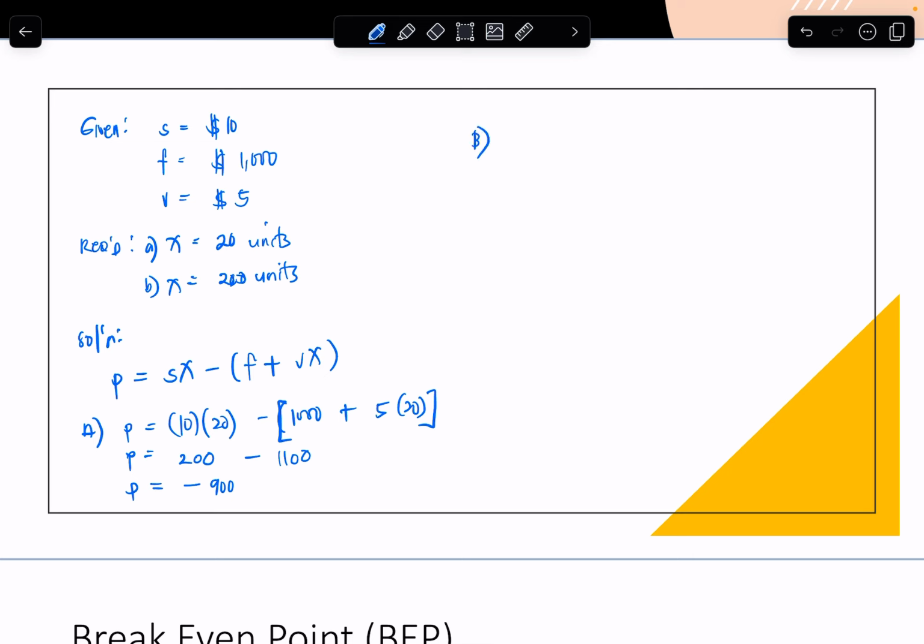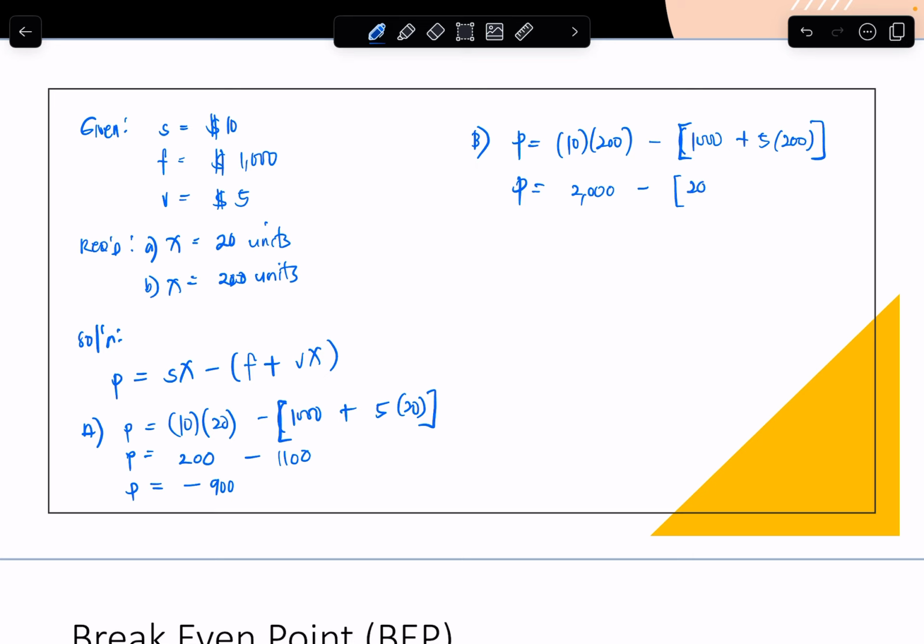However, if I'm going to produce 200 units, that would be 10 times 200, minus 1,000, plus 5 times 200. So this would be 2,000 minus 1,000 plus 5 times 200, which is 1,000.